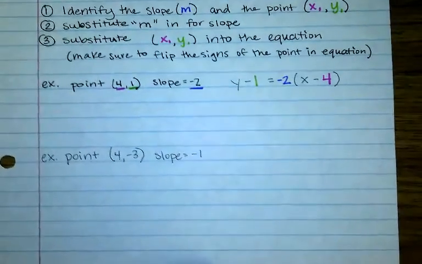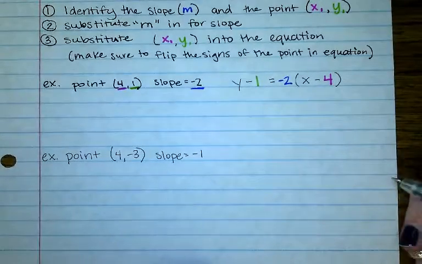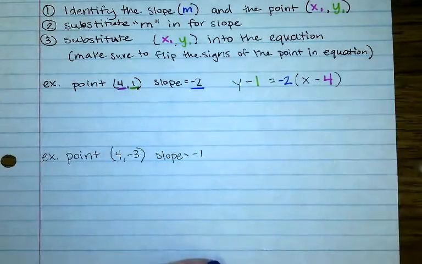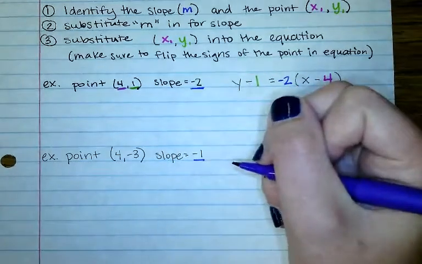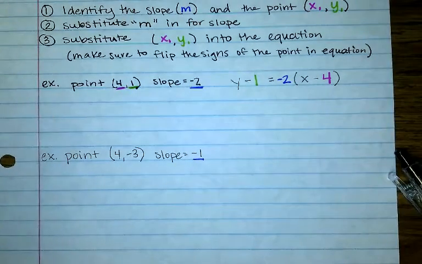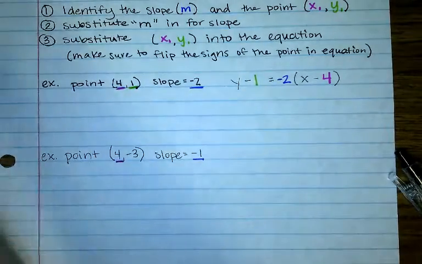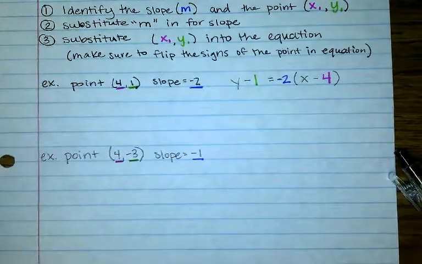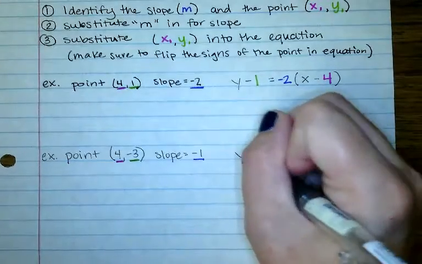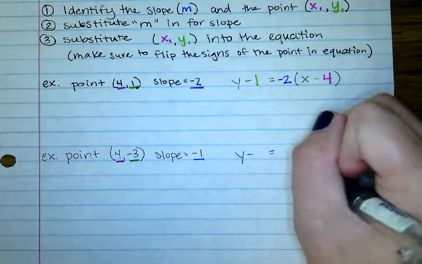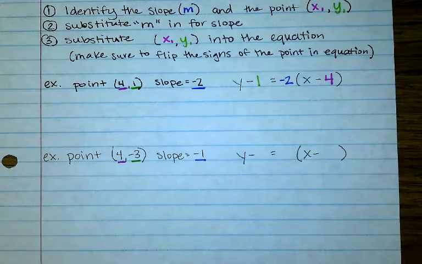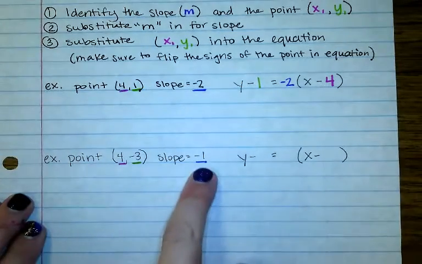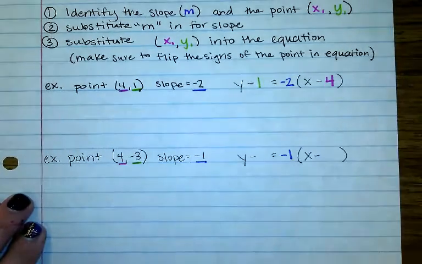So we need to identify our slope, which is -1, and my x1 is, again, 4, but my y1 is -3 now. So if I build the skeleton of my point-slope formula, I said y minus y1 equals m times x minus x1. The first thing I'm going to do is plug in my slope. My slope is going to be -1. My y point is -3.